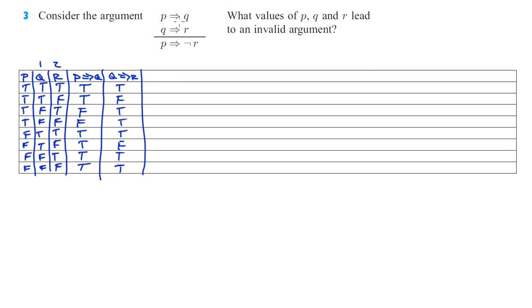Okay, so now these two are connected with an and, so we have P implies Q and Q implies R. So these two here are being connected with an and, so they have to both be true in order for these to be true. So we got true, true is true.